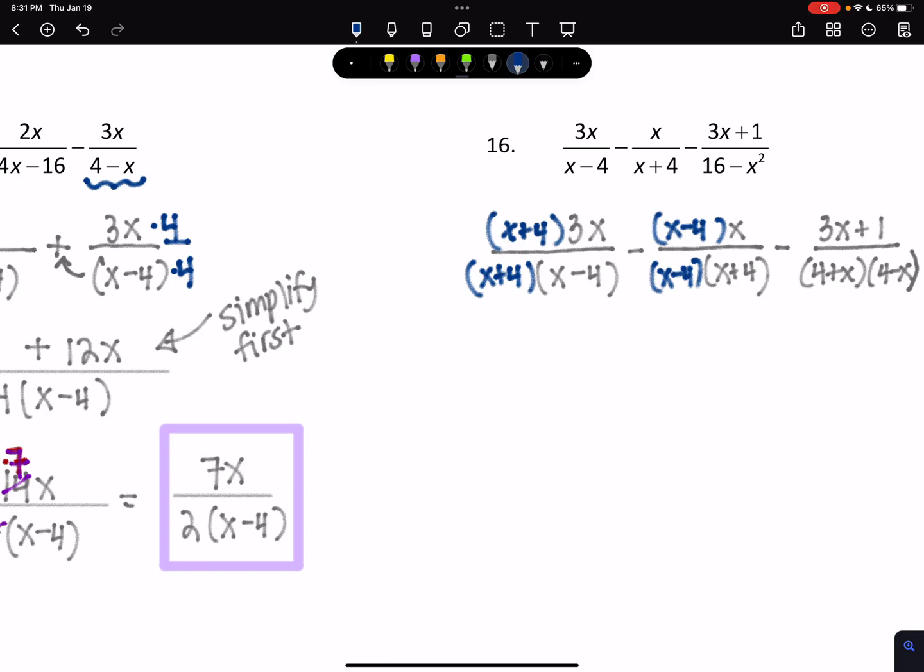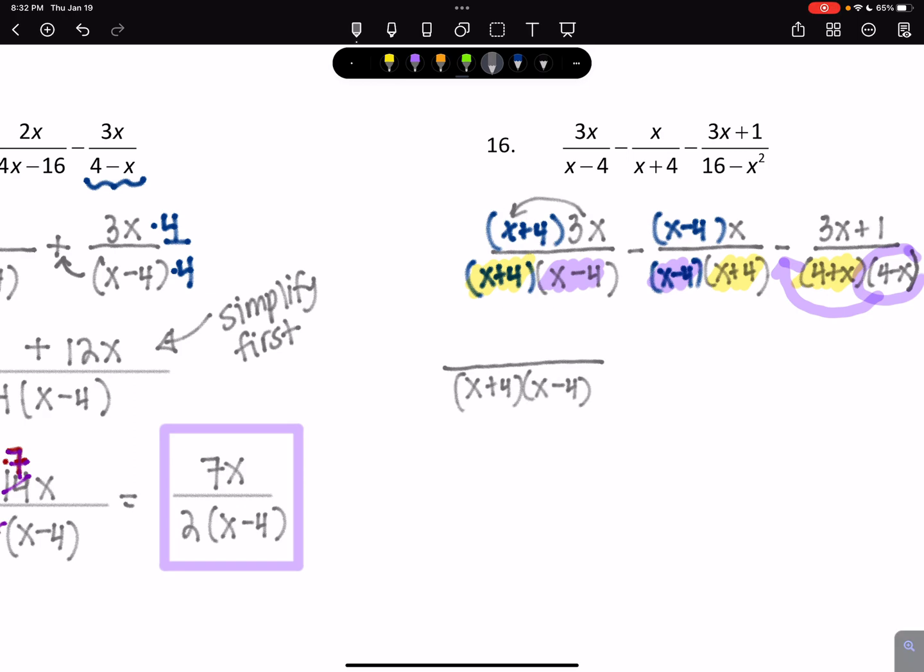And then the third fraction, 4 plus x, is the same thing as x plus 4. So now they all have an x plus 4. They almost all have an x minus 4. It's just that this has to change, which means I'm going to flip and then change that subtraction to an addition. So I'm going to have x plus 4, x minus 4 in the denominator.